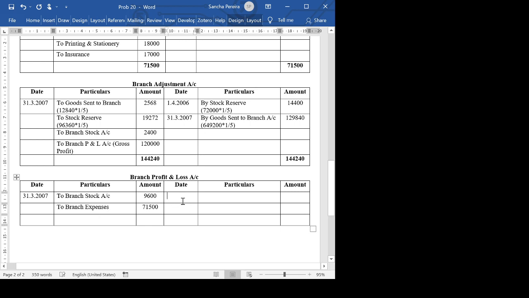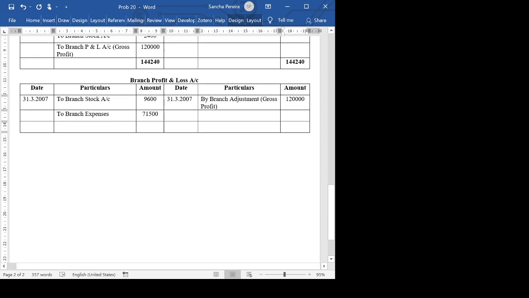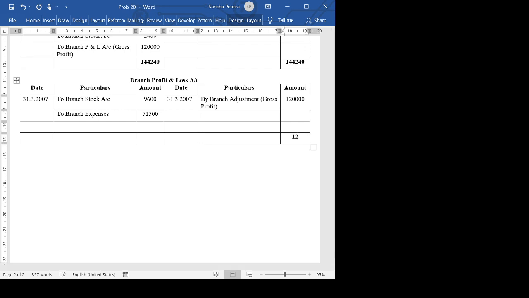Bring this down. 31st March 2007, by branch adjustment, which is the gross profit. This comes to 1,20,000. So we finally have an overall net profit of 1,20,000.